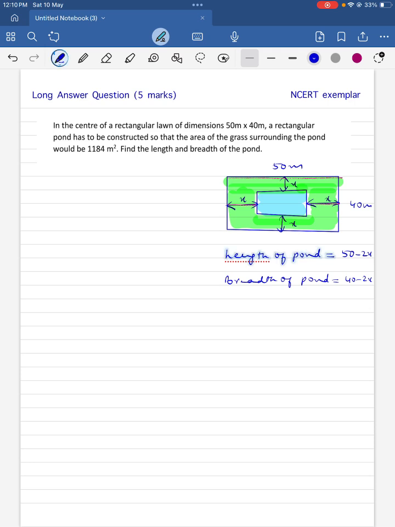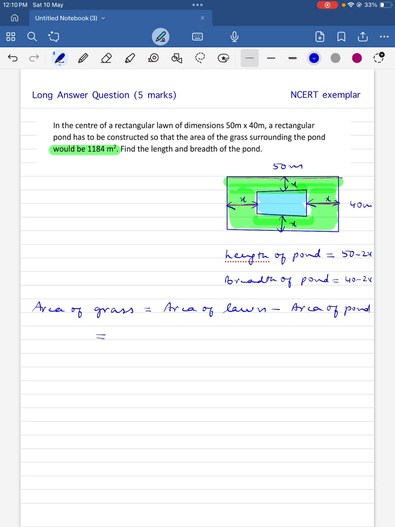Okay, so now let's try out the question. Now they've said that the area of the grass surrounding the pond would be 1184 meters square. Now how do I find the area of the grass? Area of grass would be equal to the area of the rectangular lawn minus the area of pond. Now how do we find the area of the rectangular lawn?